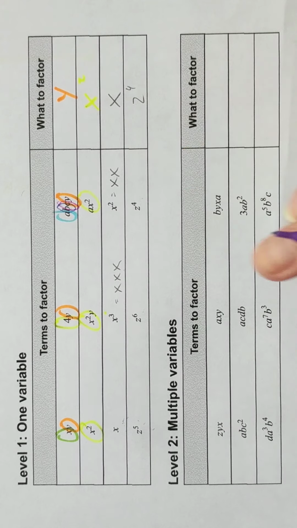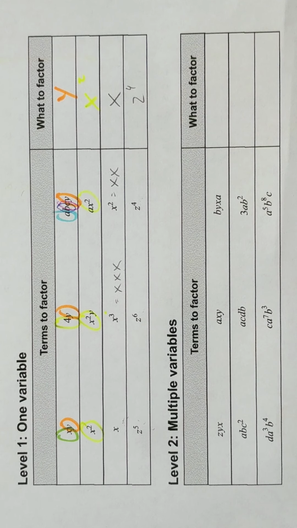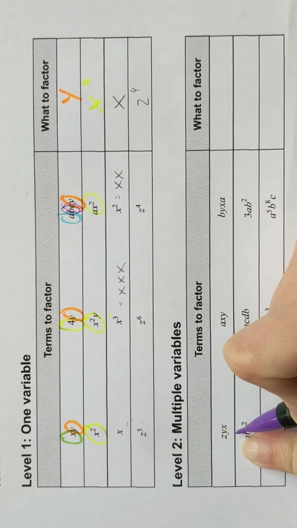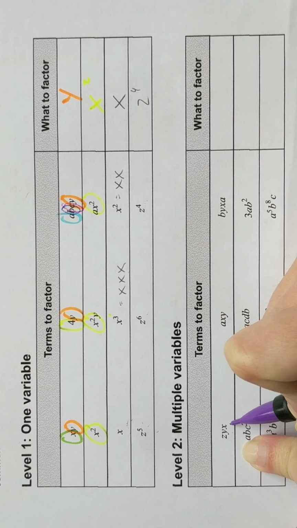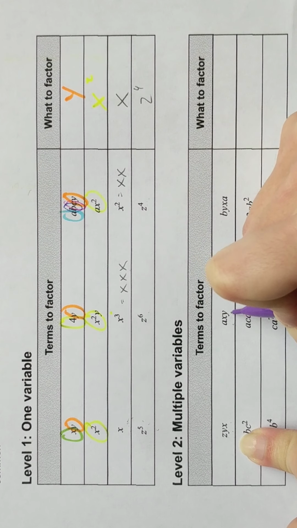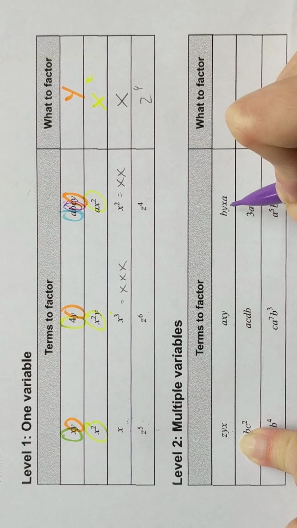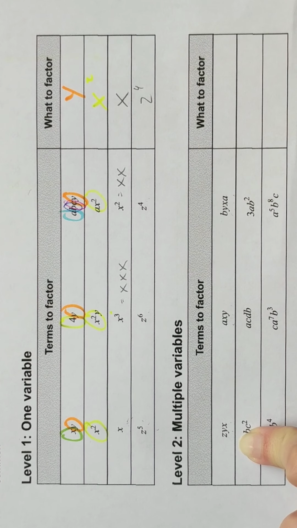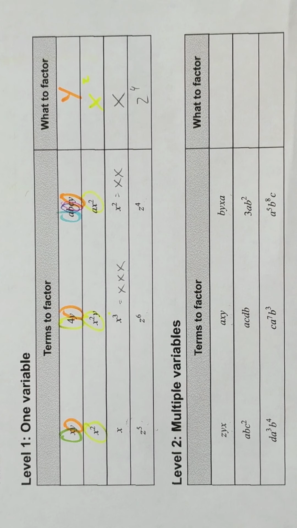Let's level up here. Let's look at multiple variable scenarios where you could be factoring out several different variables. Here I have a z, a y, and an x. Here I have an A, an X, and a Y. Here I have a B, a Y, an X, and an A. I need to look at what all of these terms have in common.